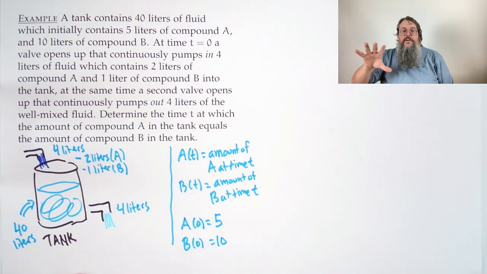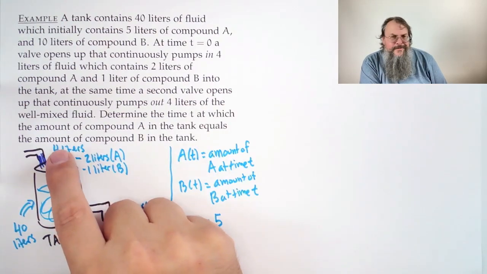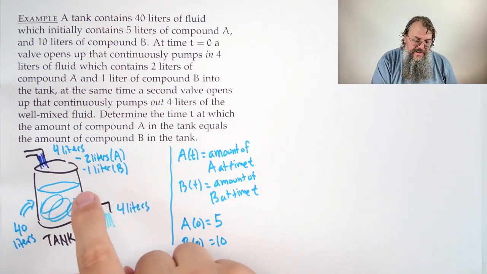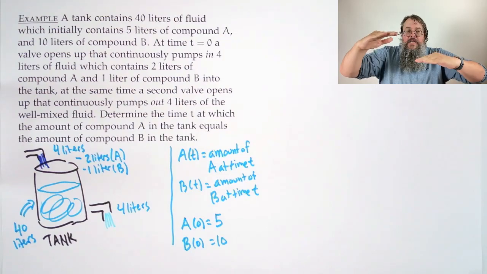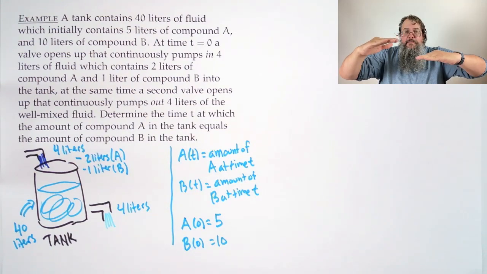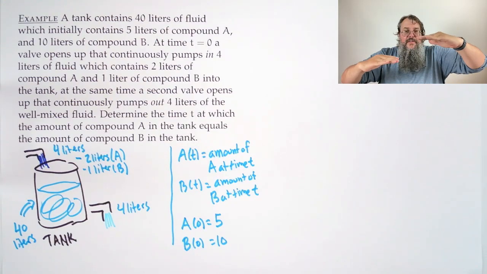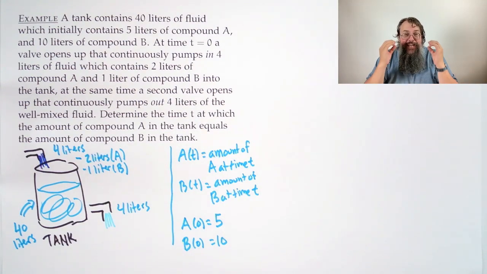Let time go for a very long time, and you will match at infinity, of course. But you will be super close. So initially, there's lots of B compared to A. But as we pump in, there's more A than B, and so they're going to switch places. So there's a time somewhere, a sweet spot, where there's going to be exactly the same amount of each.